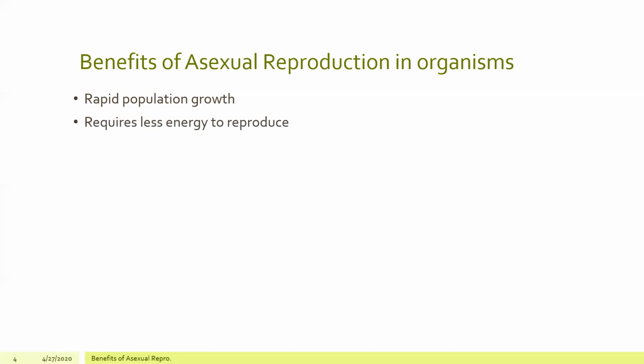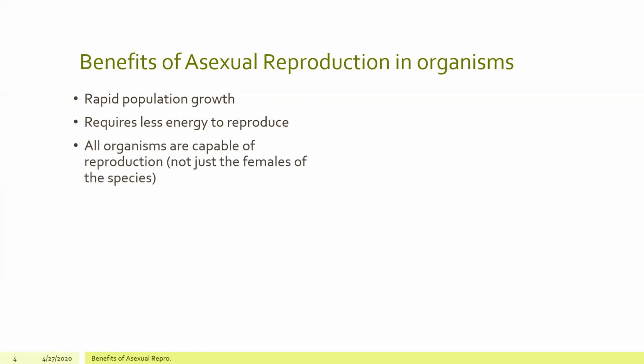This requires less energy to reproduce. They don't have as many steps. Usually with binary fission, they just split the sides and cut it in half. Not a big deal. So all of these organisms are capable of reproduction, not just the females of the species. They're all able to do it. And that's a huge benefit for these organisms that keeps them alive, right? And so one organism can make a whole population.